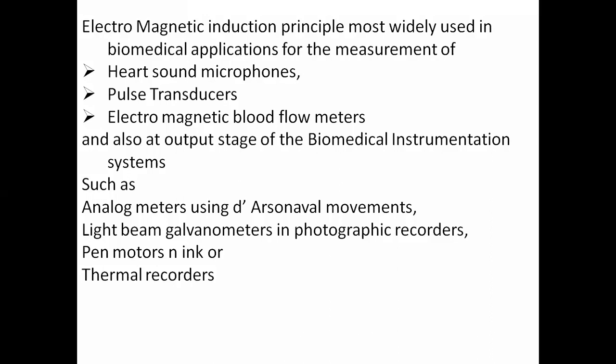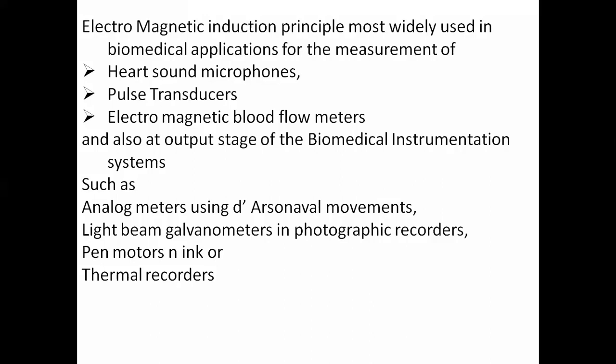That is one principle. Active transducers will also work in the reverse direction. It means, suppose we apply some current to a conductor which is placed in a magnetic field.